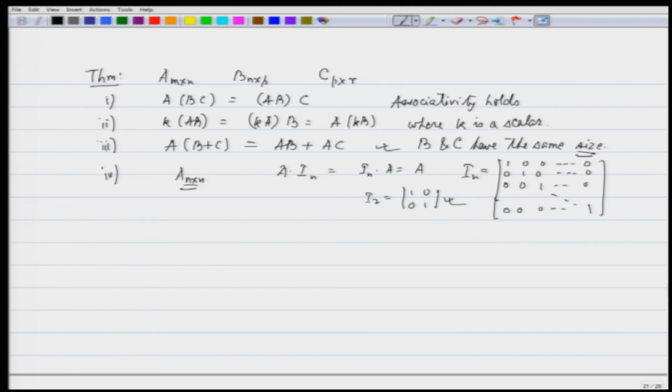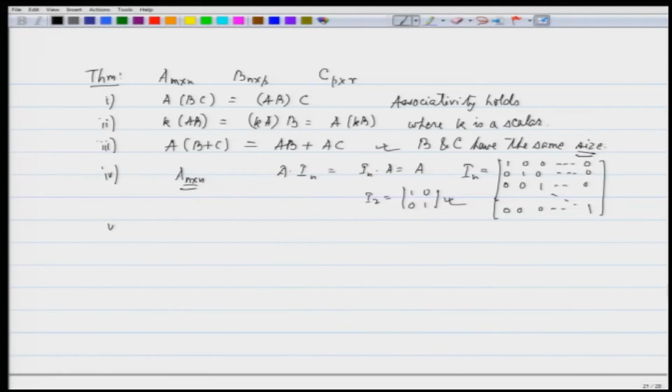Now, we have been able to relate the matrix product with scalar multiplication and with addition. We had also learnt transpose and conjugate transpose. So, let us relate this also.